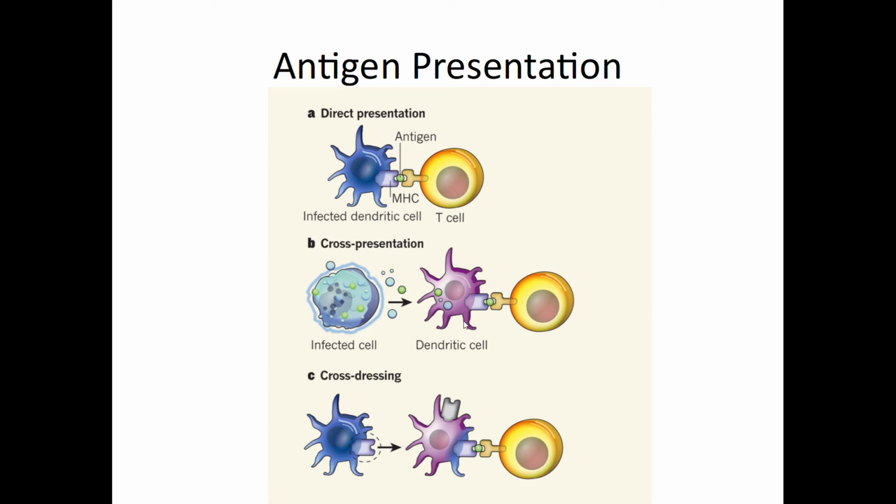Then we have what's called cross-dressing, which is our professional presenter cells, which see something being presented and then pick it up and start presenting it to other cells. So any of these can result in this presentation that can activate these helper T cells.